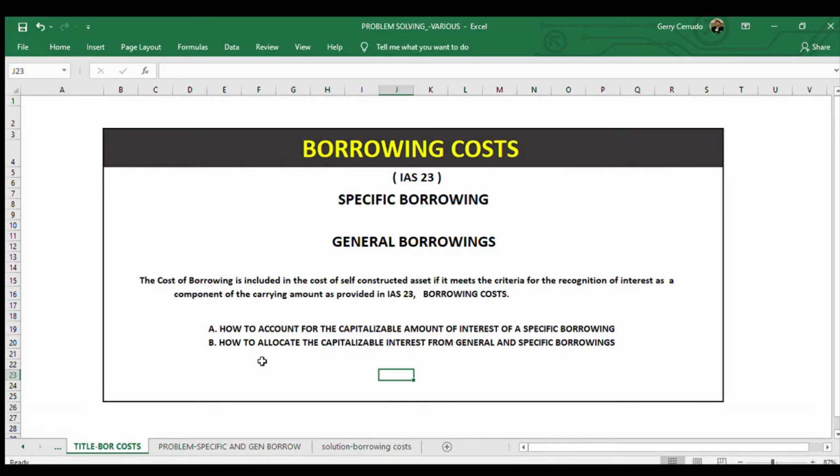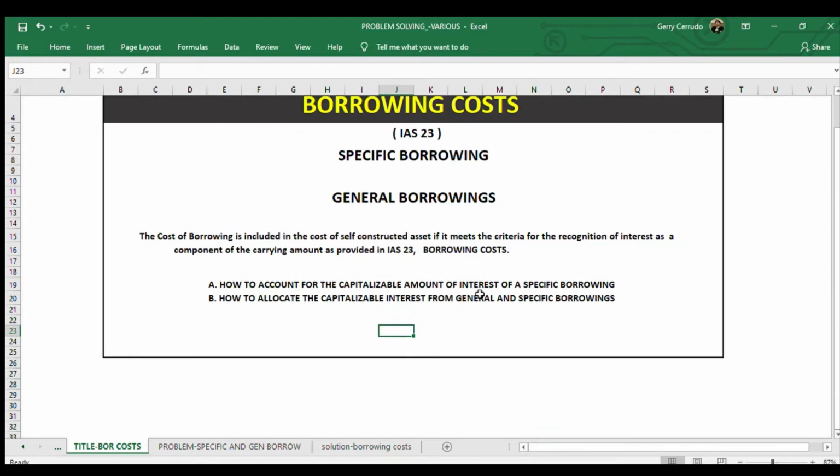Ang ating objective is to know how to account for the capitalizable amount of interest of a specific borrowing, and also we will be given the correct procedure and the principles on how to allocate the capitalizable interest from general and specific borrowing.